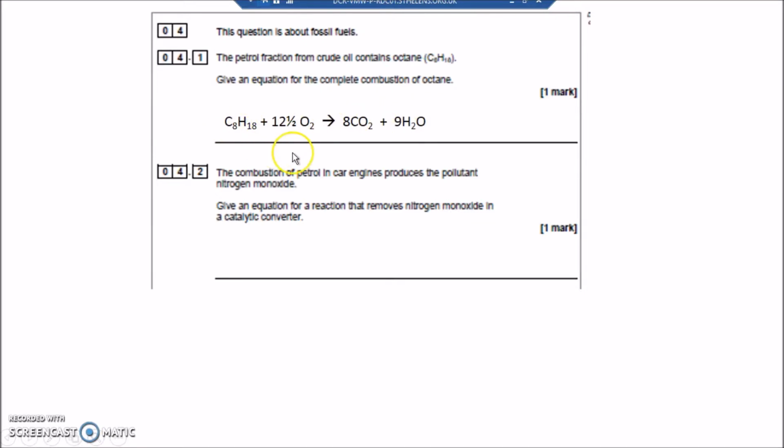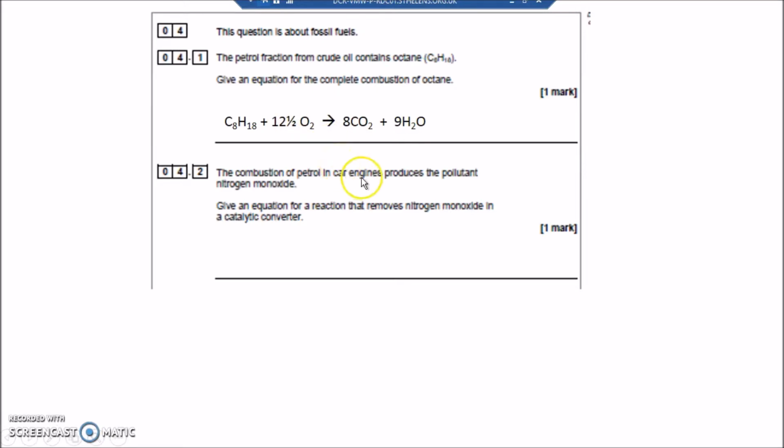So I've got 8 C's, so I've got 8 CO2s. I've got 18 hydrogens, so I must have 9 waters, 9 2s are 18, and now I can do the oxygens last of all, so I can add up these in here. 8 2s are 16, add 9 is 25, so I'm going to need 12.5. 12.5 times 2 is 25.